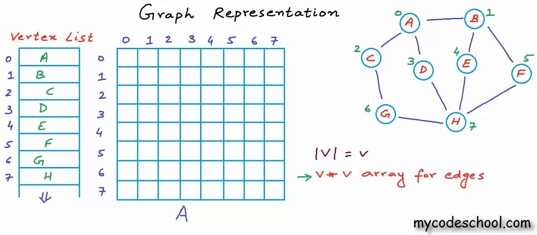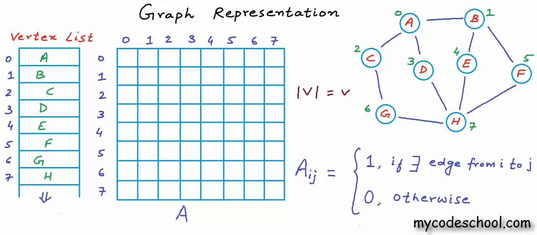We are picking up indices from the vertex list. Okay, so if the graph is unweighted and each vertex has an index between 0 and v minus 1, then in this matrix or 2D array, we can set ith row and jth column, that is a[i][j], as 1 or Boolean value true if there is an edge from i to j, 0 or false otherwise.